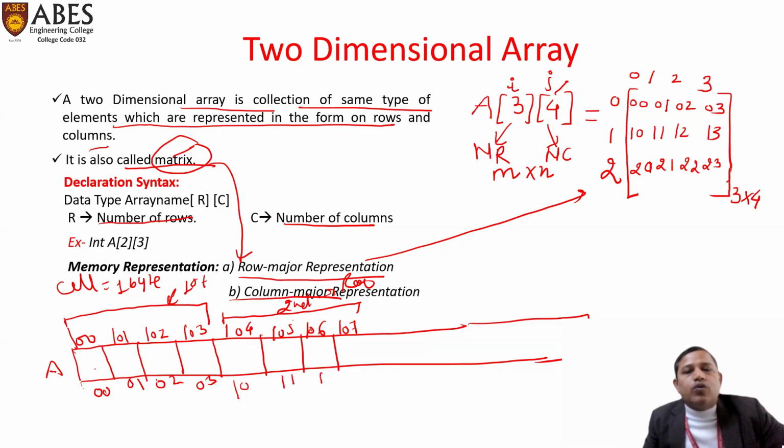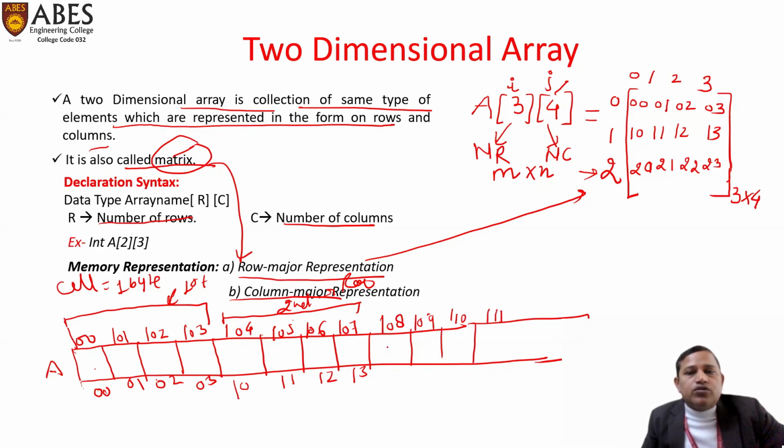The indexes are 1,0, 1,1, 1,2 and 1,3. Now the third row. The third row addresses are 108, 109, 110 and 111.